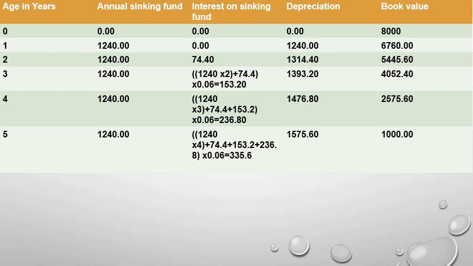Then in the second year annual sinking fund is again 1240, but the interest on sinking fund for the first year is 74.40, and total depreciation is 1314.40. Then book value is 6760 minus 1314.40, which comes out to be 5445.60.